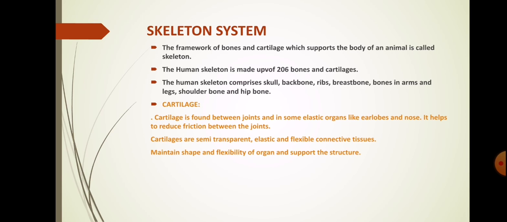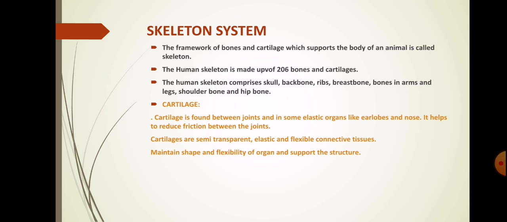It is also present in the ear lobes and the nose of your body. Then if you talk about our trachea, the windpipe, that is also made of cartilage only. So we can say that cartilage helps to give shape and flexibility to the organs and supports the structure.